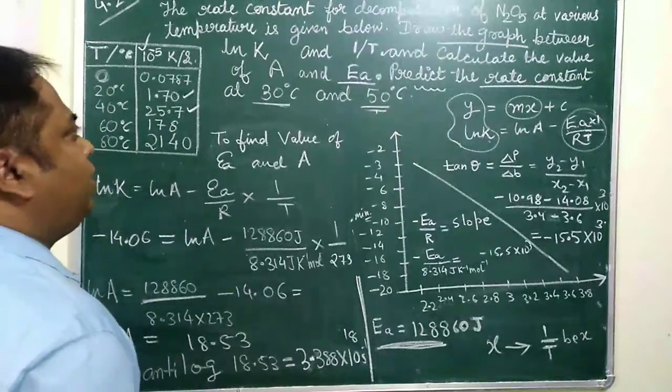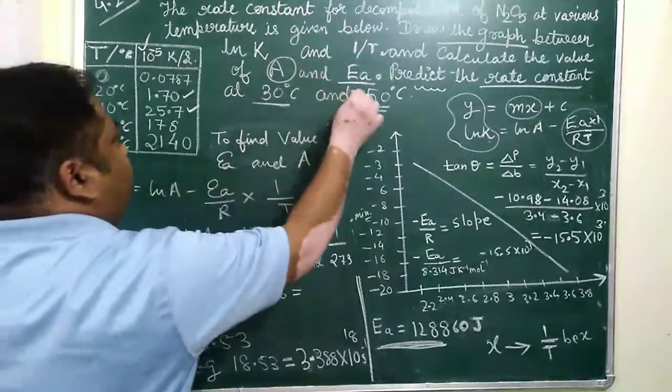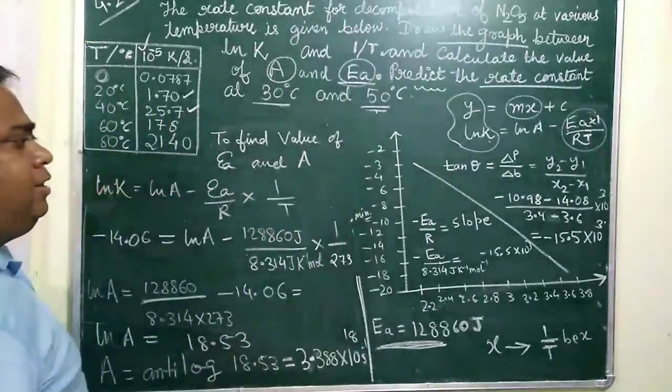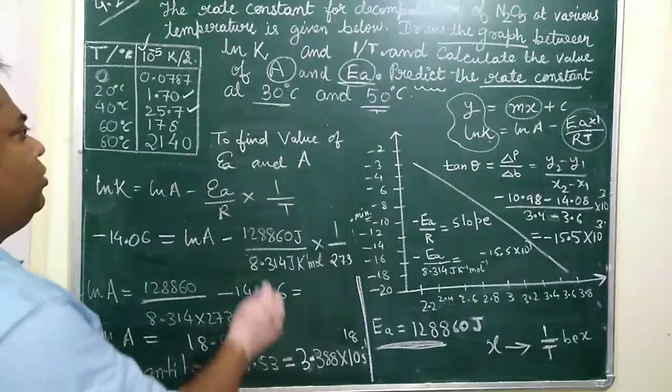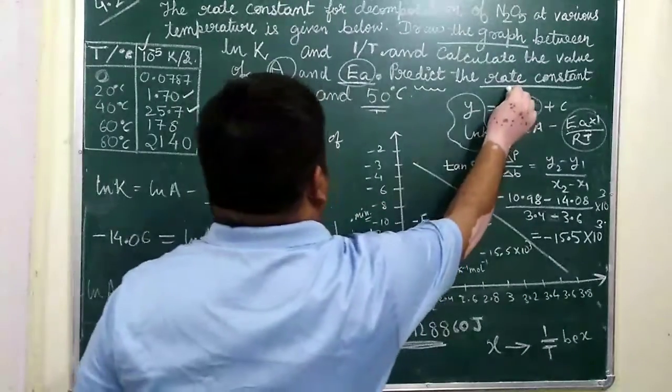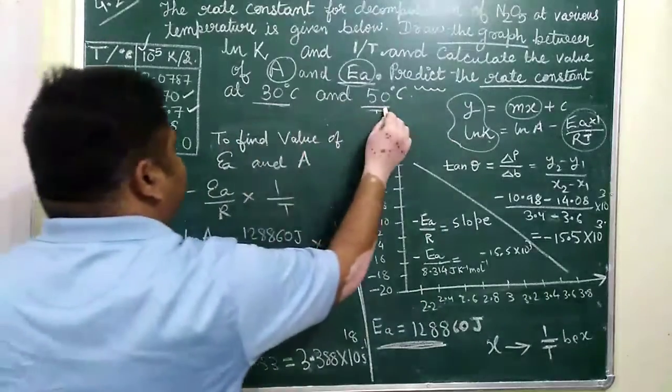So what we have done, we have found out the value of A, we have found out the value of EA, and in the previous discussion itself I have told you to find out the rate constant at 30 degrees C and 50 degrees C.